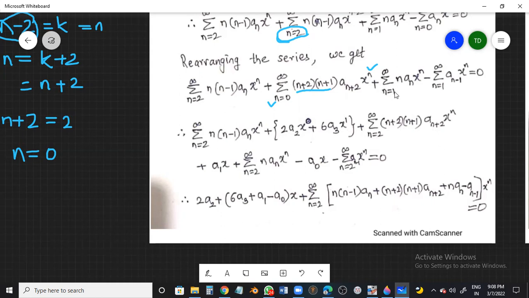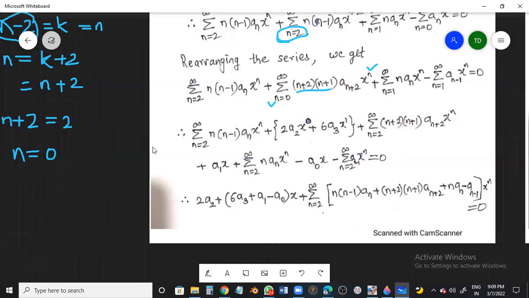For n equal to 1, I'm going to get 1a1 x raised to 1. So I got a1x. And from n equal to 2 onwards, I keep it as it is. Now minus sign for this. I put n equal to 1, so it becomes a0, x raised to 1, so x, and minus the remaining sum from n equal to 2 onwards.